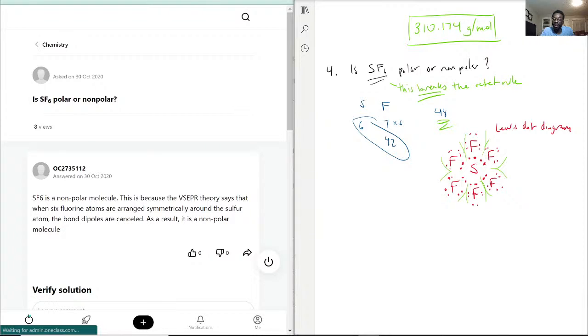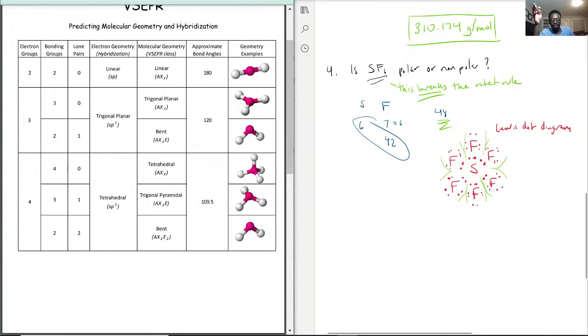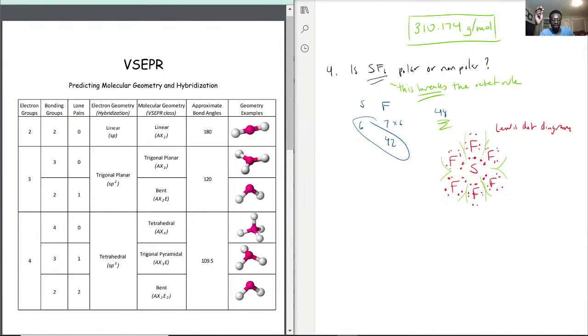So we have the right amount of electrons there. Now for this one, you can start to tell whether it's polar or non-polar, considering it has literally no other space to do anything else. But I do have this handy page here, which sometimes you are required to memorize. Before we scroll down to our VSEPR theory, you notice where it says electron groups, okay?